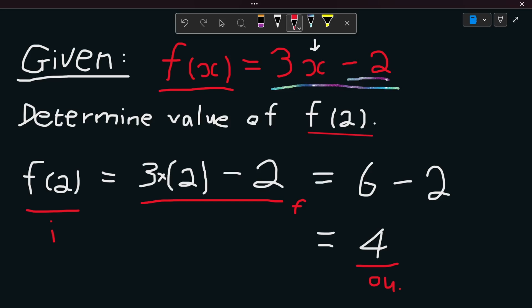As you can see, we started from f of 2 and we ended at 4. This f of 2, we have clearly inputted a 2 in place of x, for the function on the left hand side as well as the right hand side, the expression.